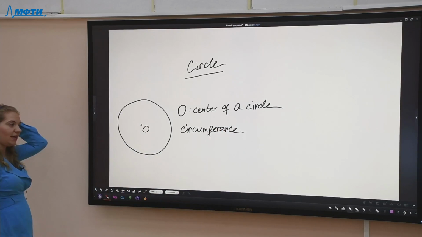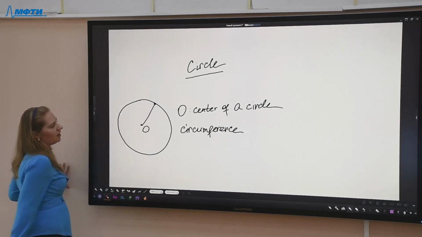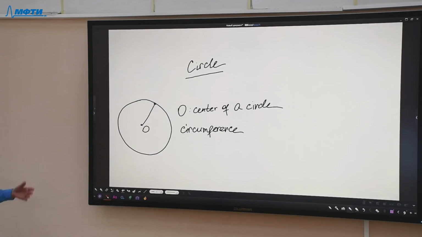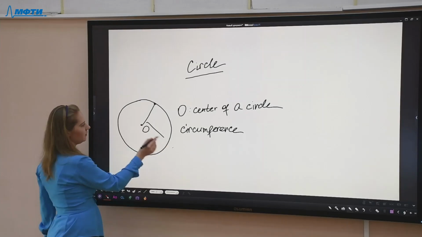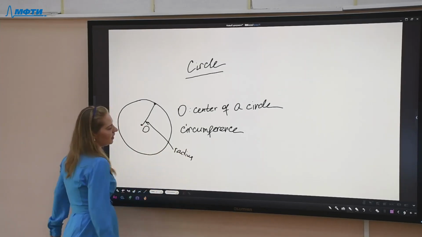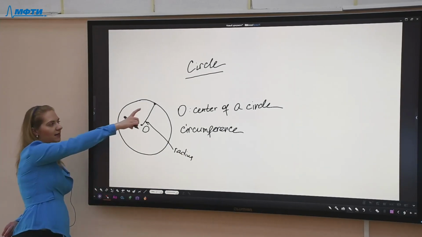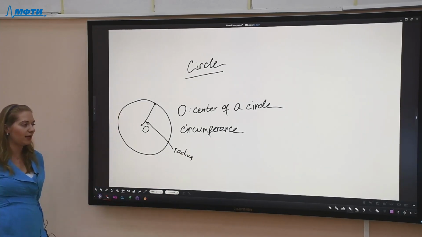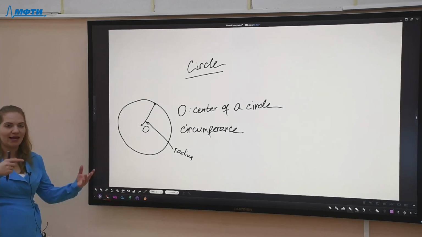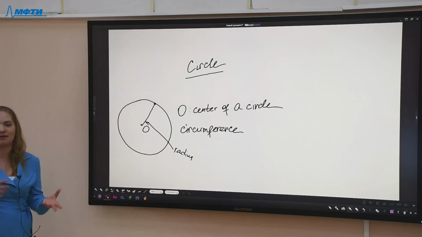If we take a point on a circle and we join this point with the center of the circle, we'll get a line segment called a radius. Sometimes when we say radius, we mean this line segment, and sometimes we mean the length of this line segment. So we can say the length of the radius, or it's better to say just a radius.